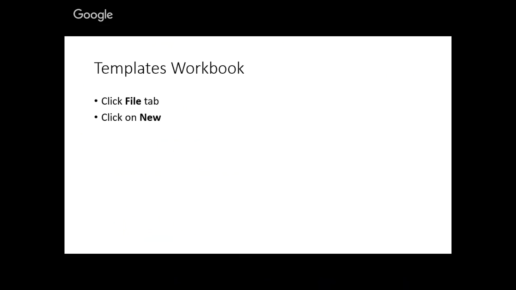And when you click on it, click on New. When you click on New, then under the available templates, if you're using Office 2010, 2007, click on Sample Template. But if you're using Office 2013, 2016, or 365, then just look through the available templates that come, and look for a template that suits what you want to do.